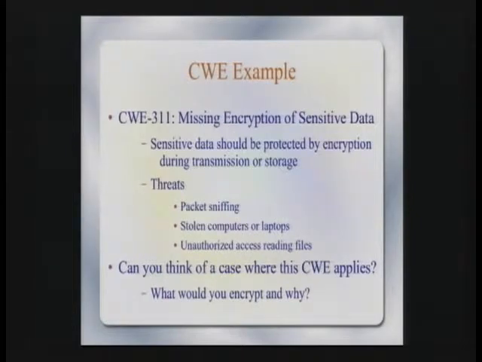If it's encrypted, it's not going to be much use to them. So I'd like to ask you if you can think of a case where this CWE applies. An example. I'd like to engage you and get you to participate in this talk.